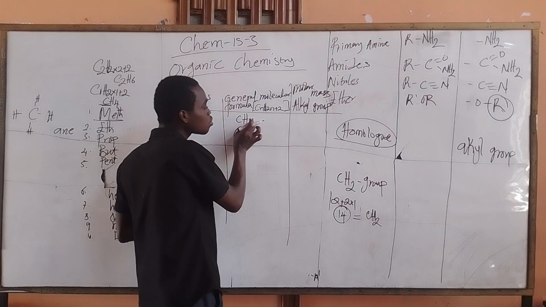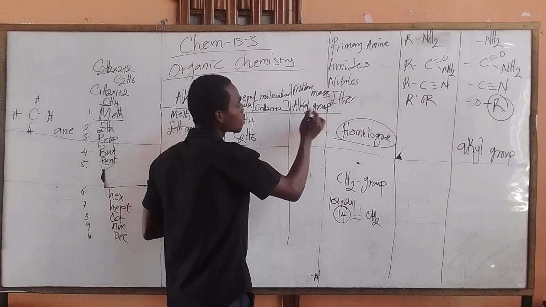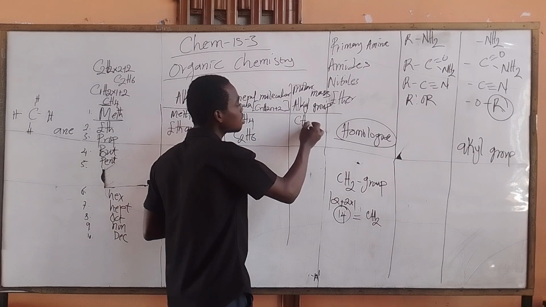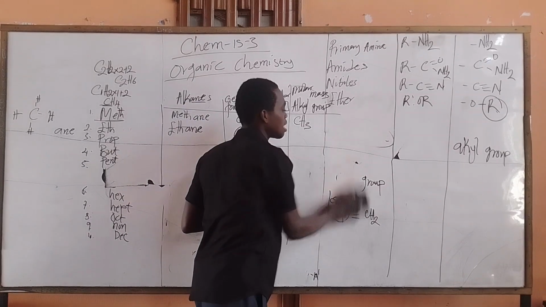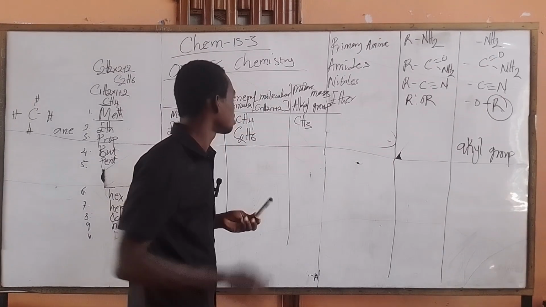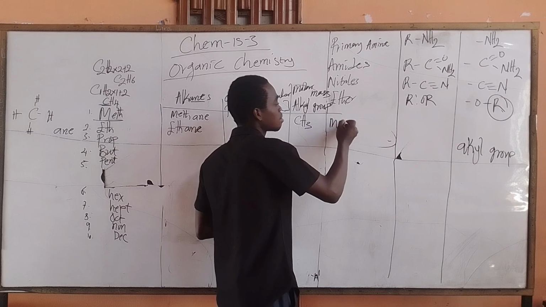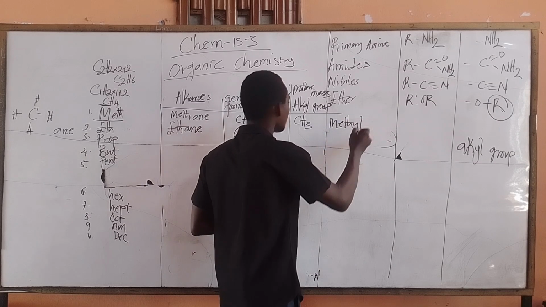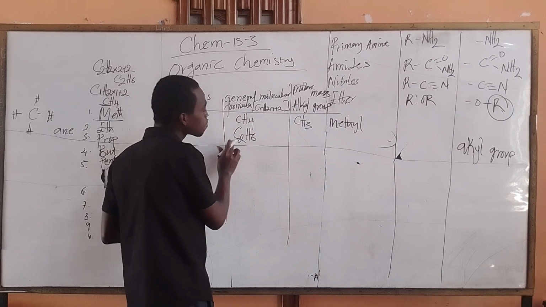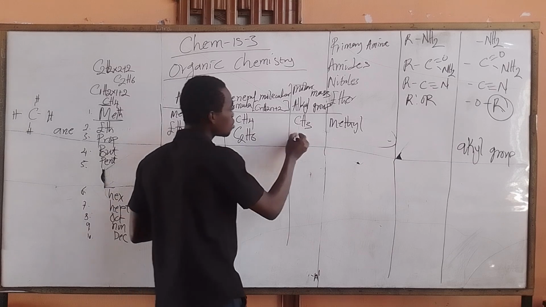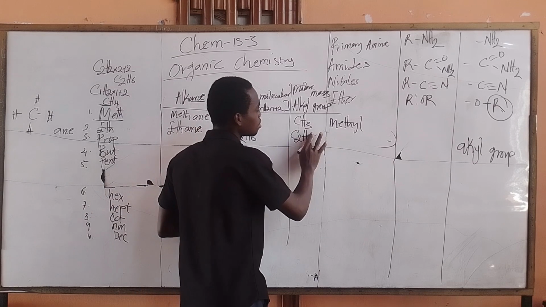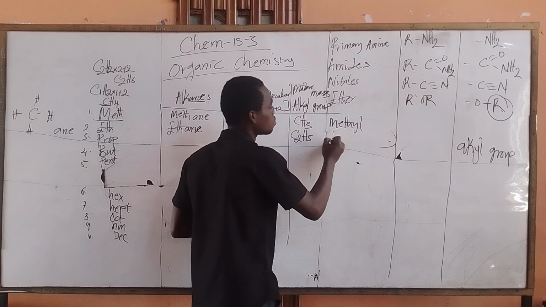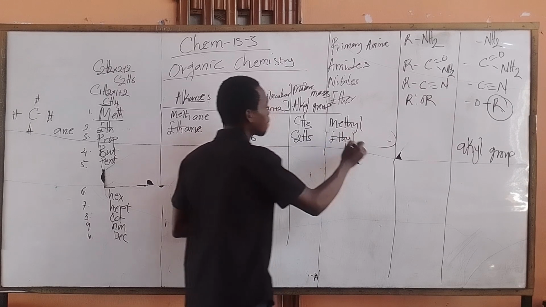So, if I remove one hydrogen atom, I'm going to have CH3, and this is known as methyl. Let me do this one. If I remove 1, I'm going to have C2H5, this is known as ethyl.